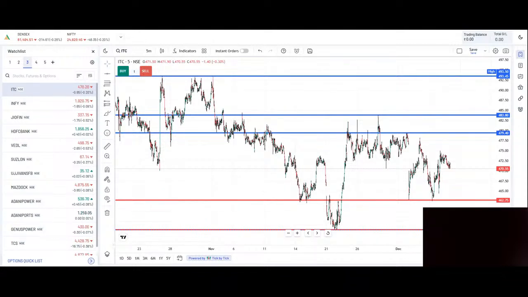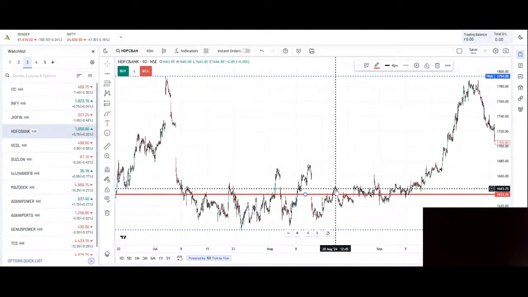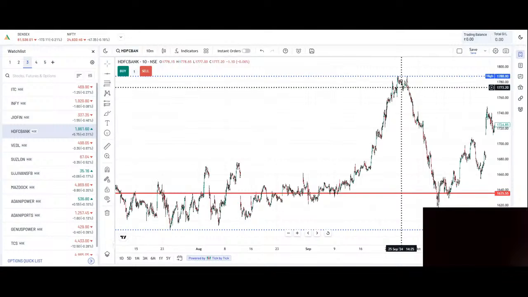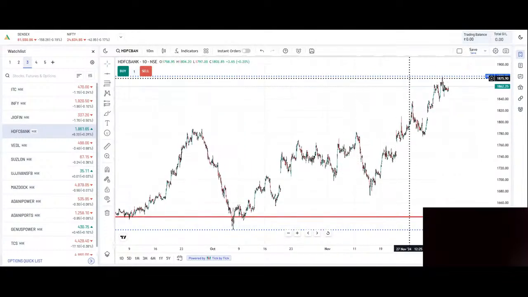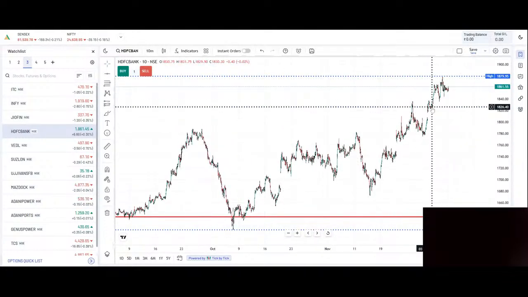This was the level where HDFC was bought. And then thereafter, HDFC went till 1788, and it has already now touched the high of 1879.